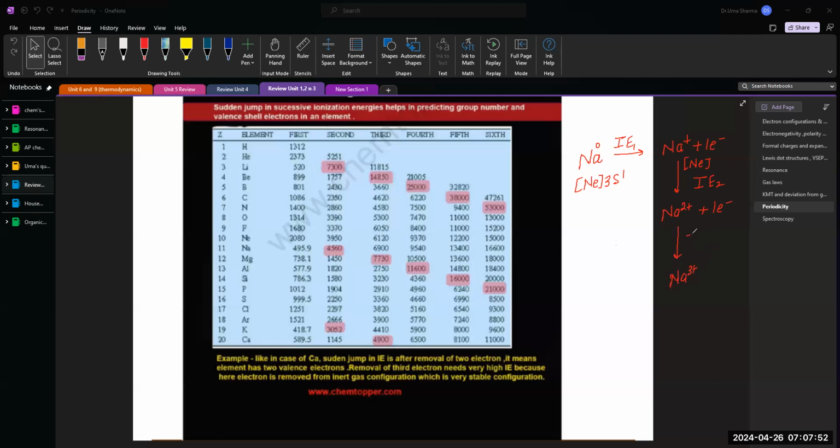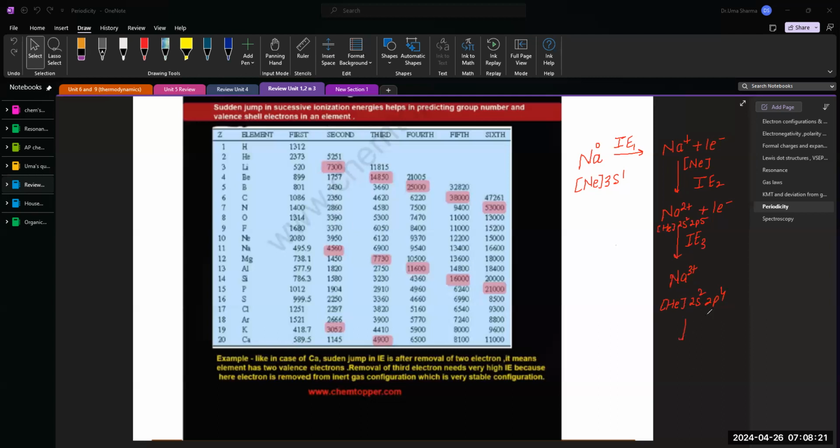This is IE3. But Na2 plus is helium 2s2, and what is Na3 plus? Is helium 2s2 2p4.